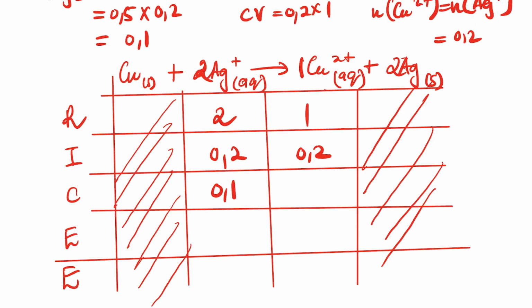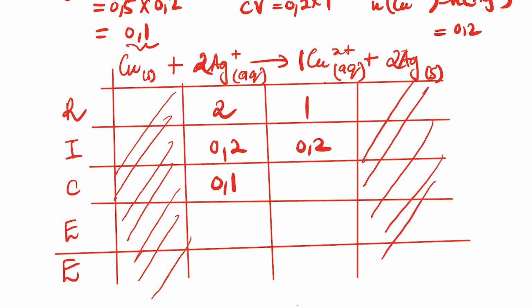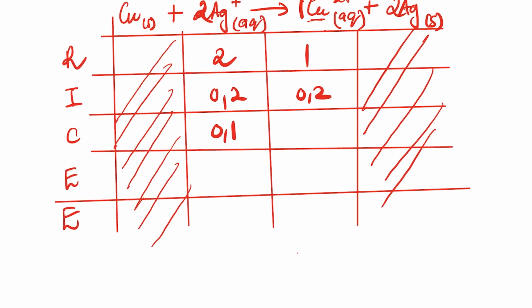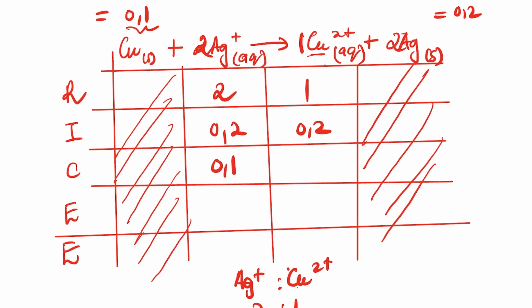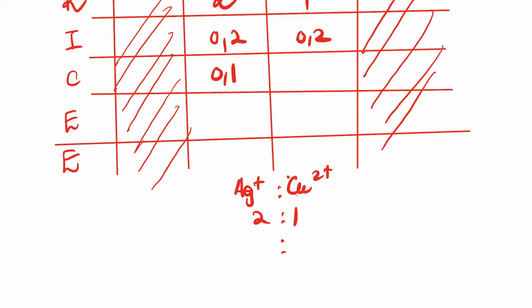We got the number of moles that reacted from the 0.1. If you look at the mole ratio, Ag+ is to Cu2+ as 2:1, and for copper we put x, and then we have 0.1 there.